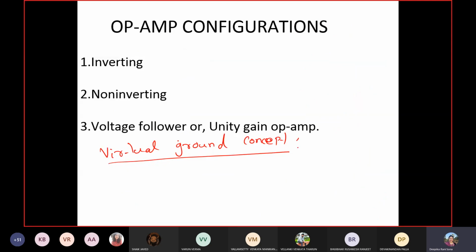Now if I make this concept, just have a look here. This is the voltage at V1, and here it is V2.